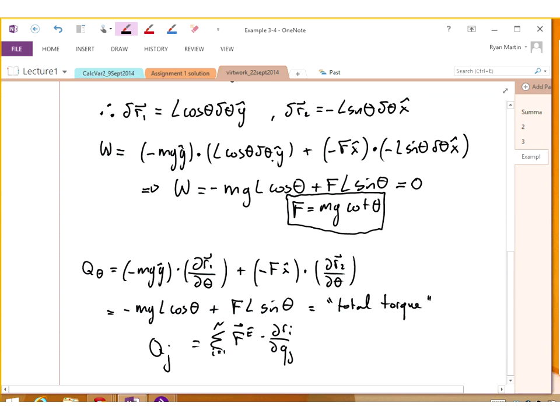The delta Qj comes in only when you do it by solving for the total work, where you carry around the delta thetas. So the generalized force is just the total work where you remove the delta thetas, if you go back and look at how it was defined. And in this case, it's exactly the same math because there's only 1 degree of freedom.